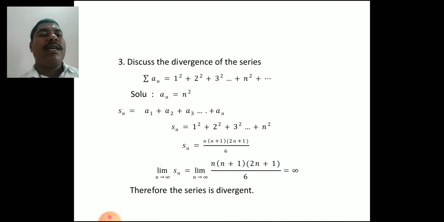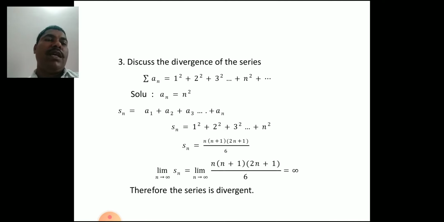So the nth term of this sequence is Sn is equal to n into n plus 1 into 2n plus 1 by 6. So we have to apply limit for this nth term. That is limit of Sn as n tends to infinity is equal to limit of n into n plus 1 into 2n plus 1 divided by 6 as n tends to infinity.